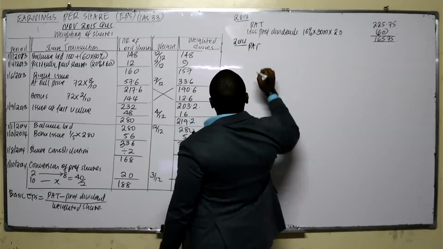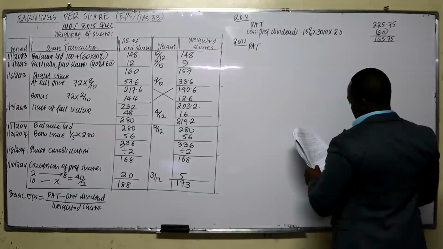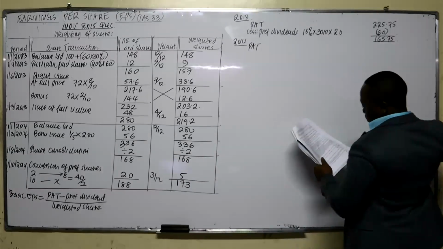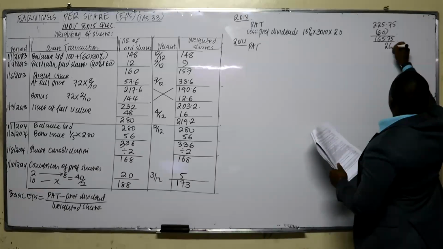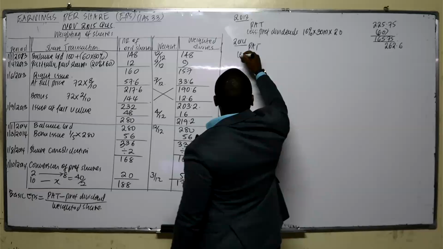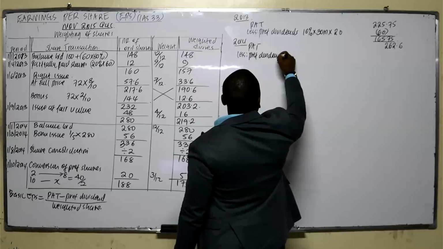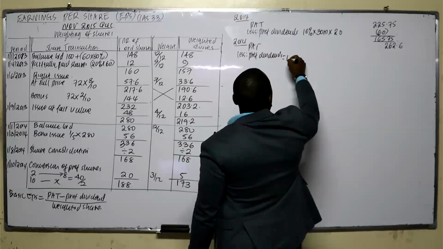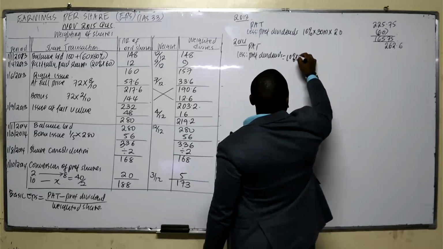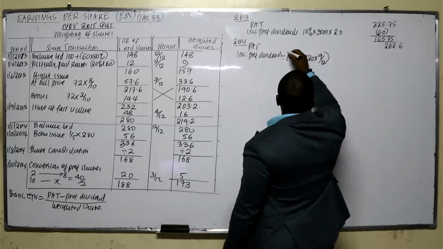Profit after tax. How much was the profit after tax for 2014? It was an amount of 262.6. Then you subtract the preference dividends. So it's the same. So it's 10% of that million, each at 20 times 9/12.